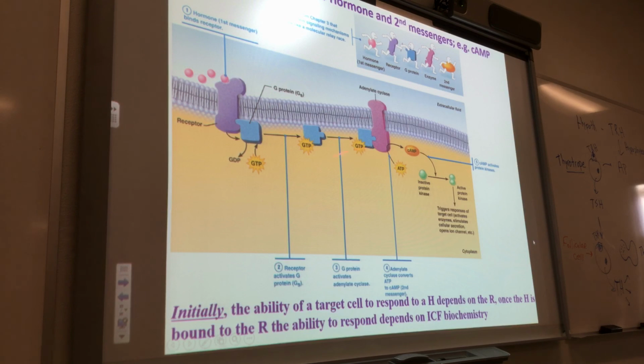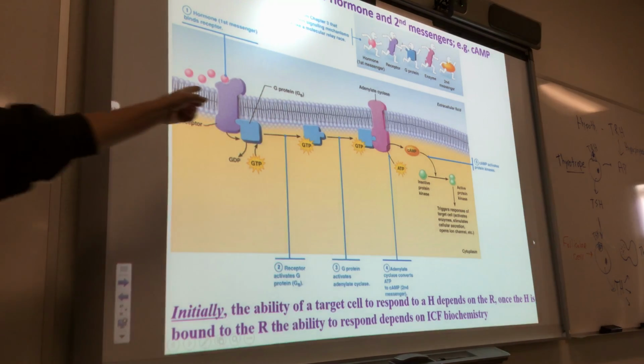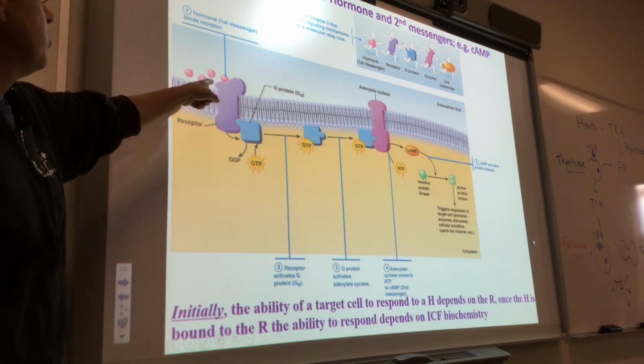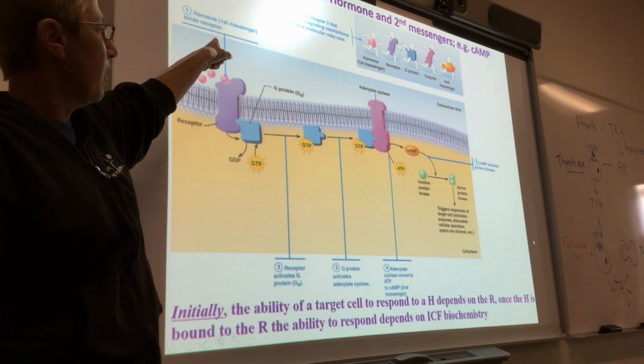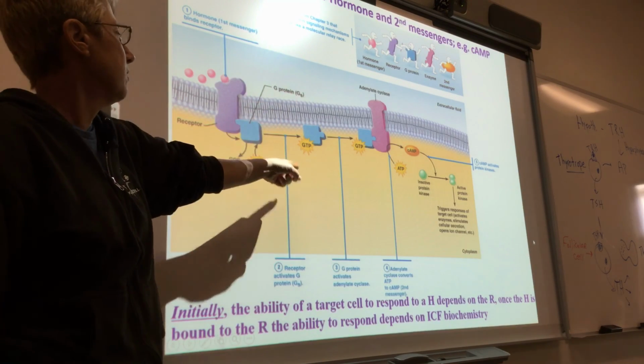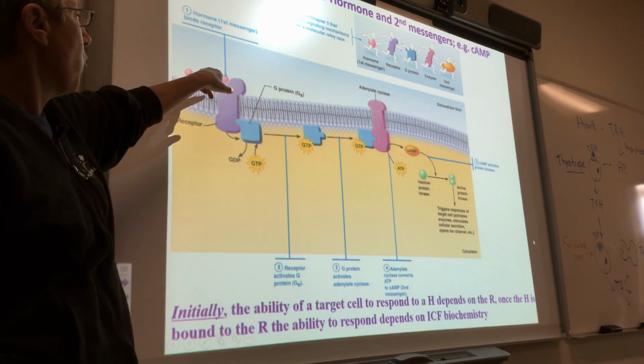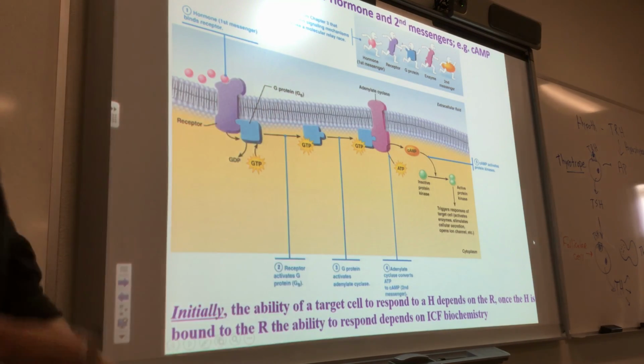So you don't have to know all the details of this. I tell you down here initially, the first thing: the ability of this target cell, so this whole thing is a target cell, the ability of that cell to respond to a hormone depends on if the receptor is there or not. If there's no receptor, you can have a billion hormones out here trying to tell this cell to do something, but if there's no receptor, why is it that that hormone can't get inside the cell to tell it what to do?